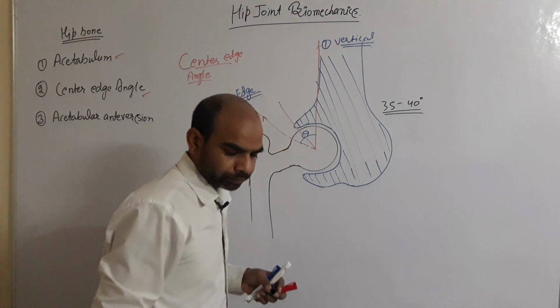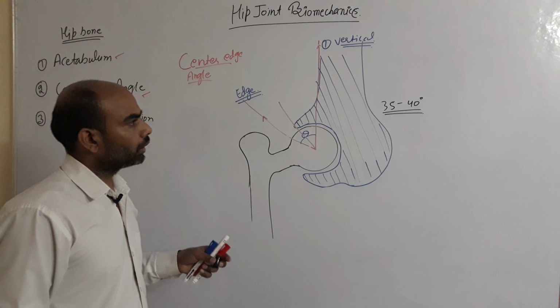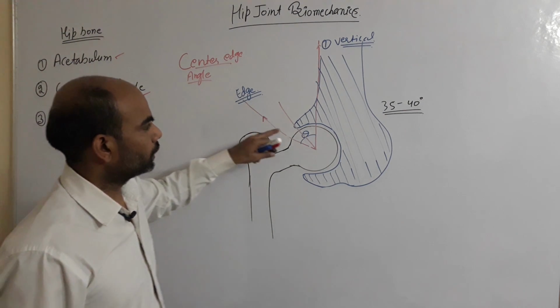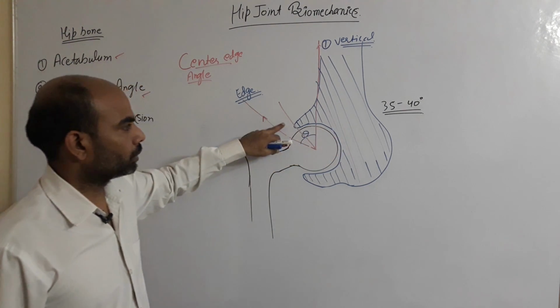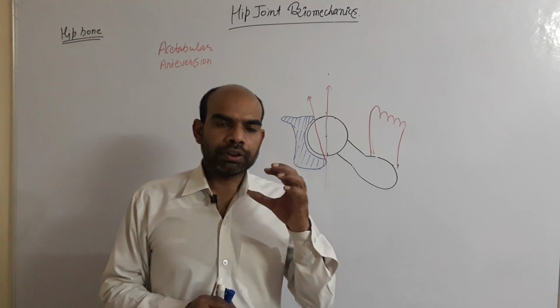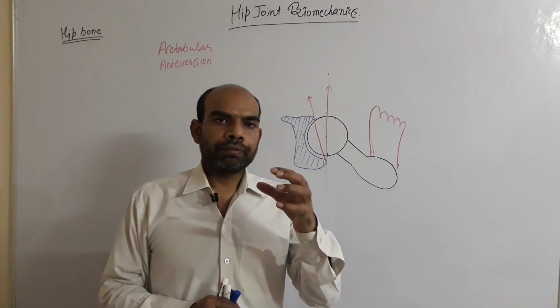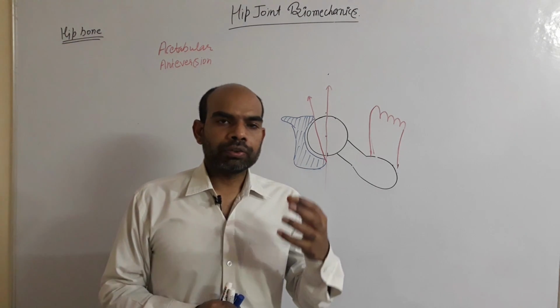If this angle is less than 35 degrees, the acetabulum is more vertical, so there is more risk of superior hip joint dislocation. This next angle describes the extent to which the acetabulum covers the head of the femur in the horizontal plane.